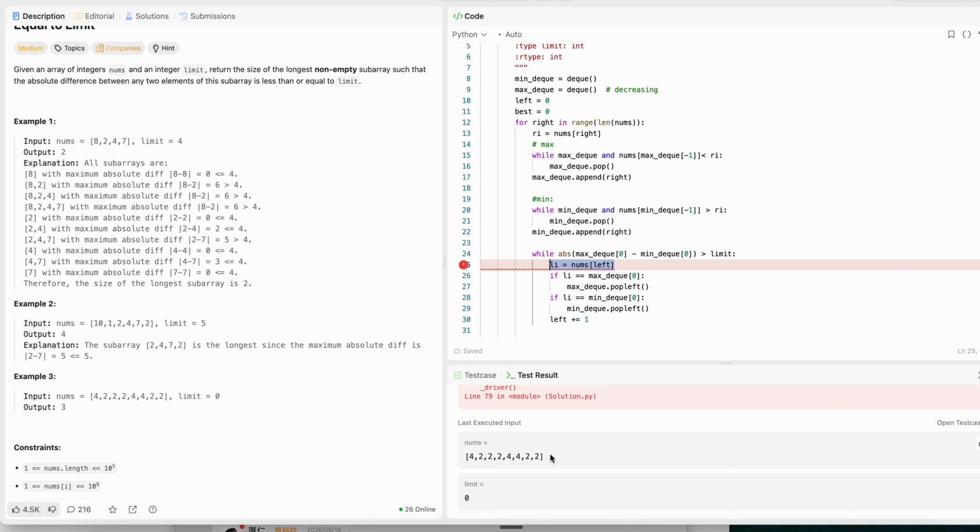We just run the limit as less than or equal to.